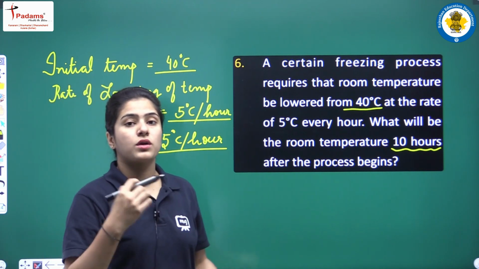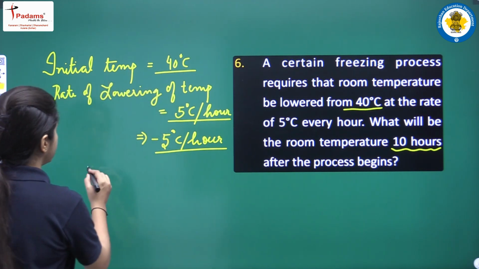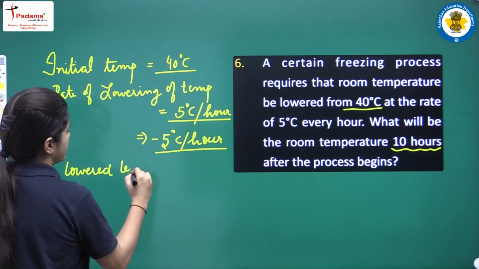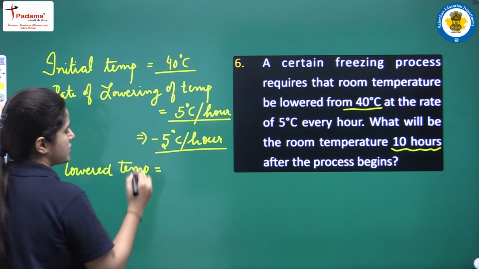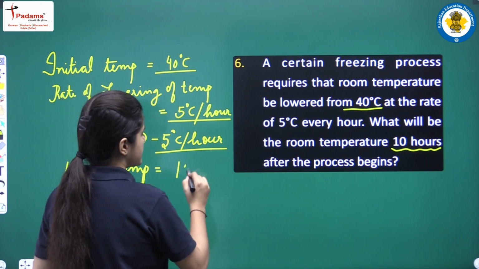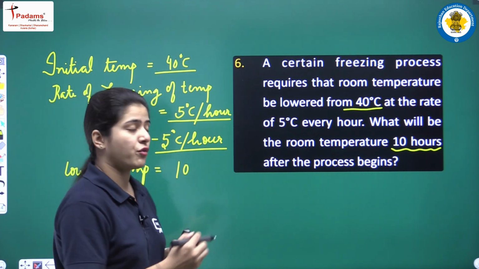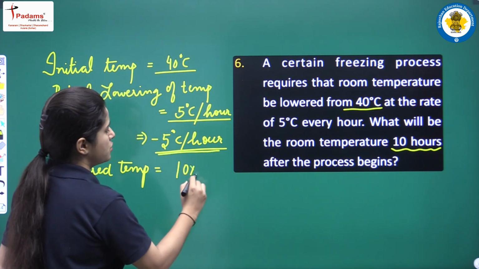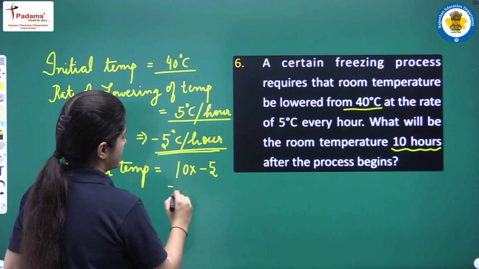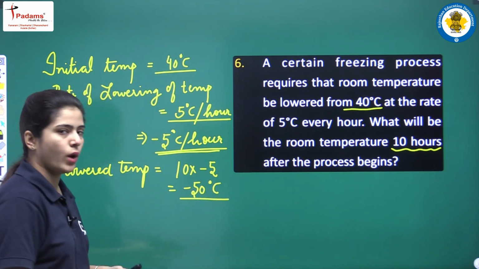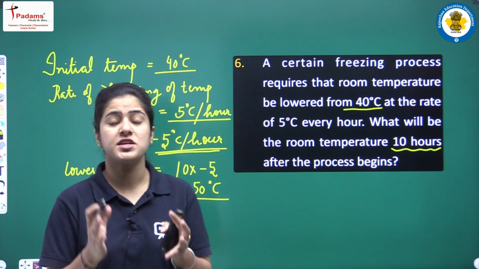So the temperature that is lowered is equals to 10 hours. We know that the temperature is lowered for 10 hours, and at what rate? By this rate, into minus 5. So minus 50 degrees Celsius. So the temperature is lowered by minus 50 degrees Celsius.